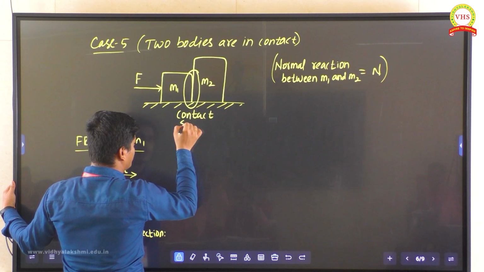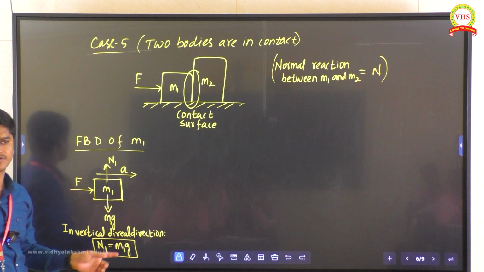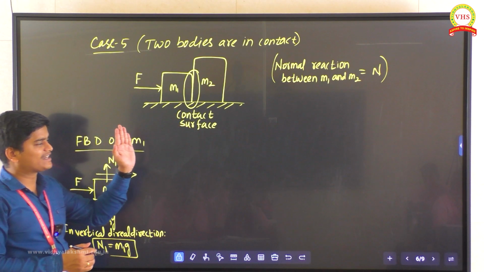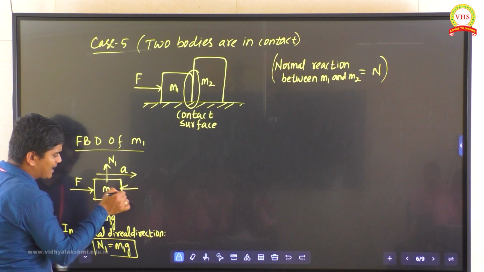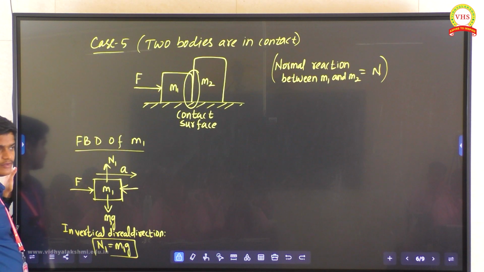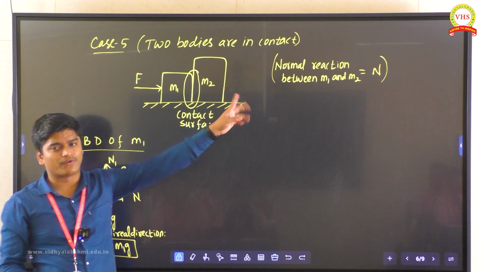On this contact surface, one force will be acting. It is the normal reaction, acting perpendicular to the contact surface. So it will be acting like this. m2 will give one normal reaction to m1, that is nothing but N. That N you have to find here.